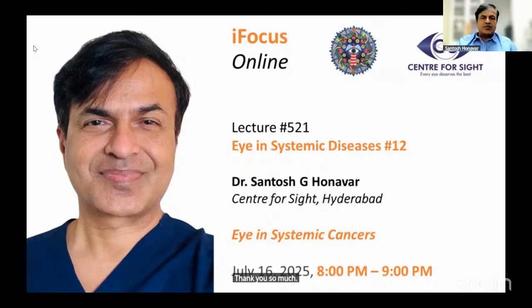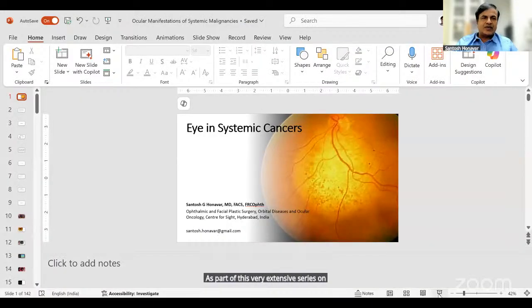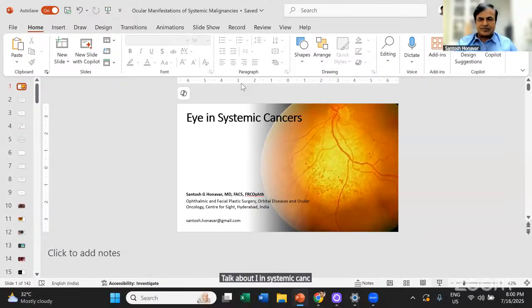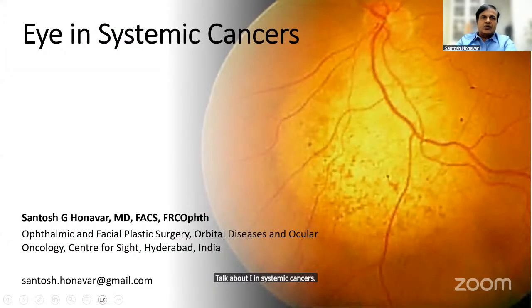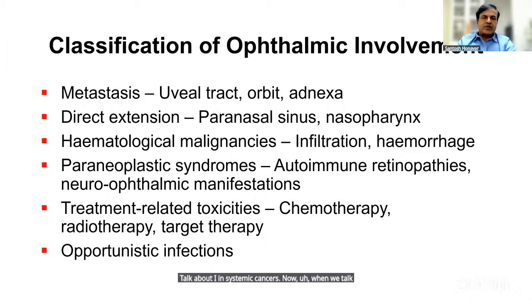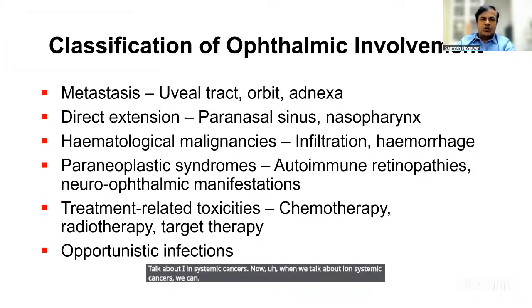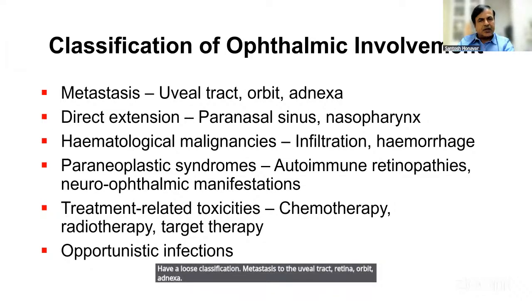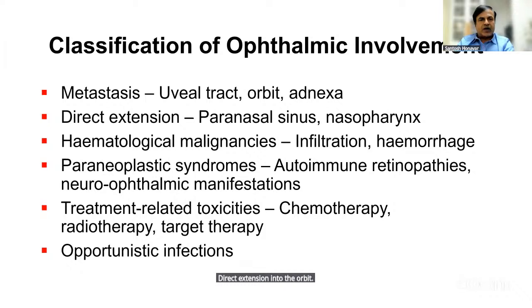As part of this very extensive series on eye and systemic diseases, today we are going to talk about eye in systemic cancers. Now, when we talk about eye in systemic cancers, we can have a loose classification: metastasis to the uveal tract, retina, orbit, adnexa, direct extension into the orbit through paranasal sinus, nasopharynx.